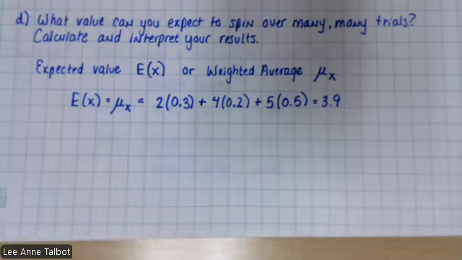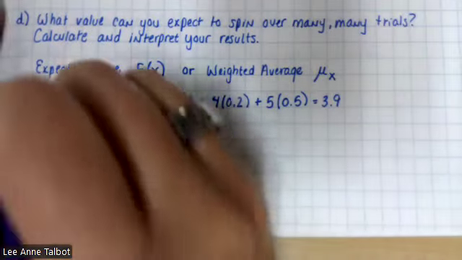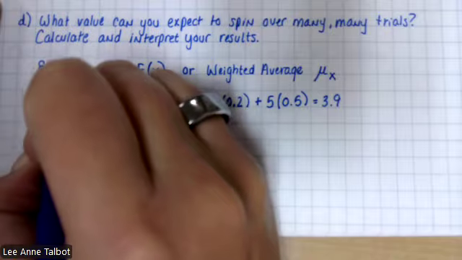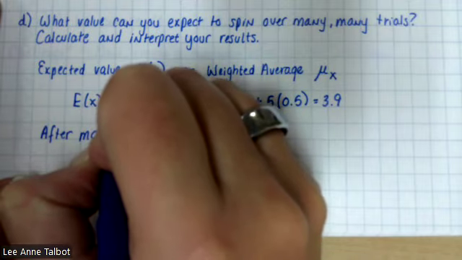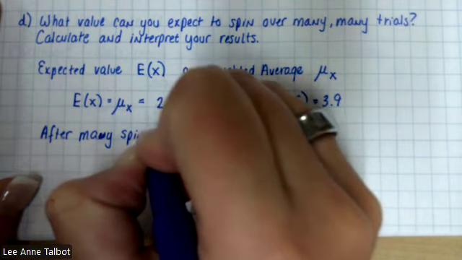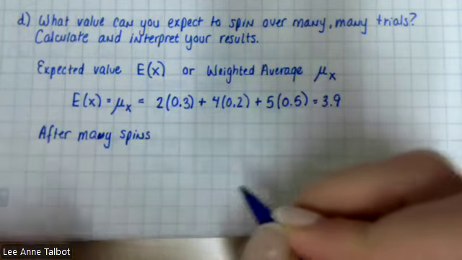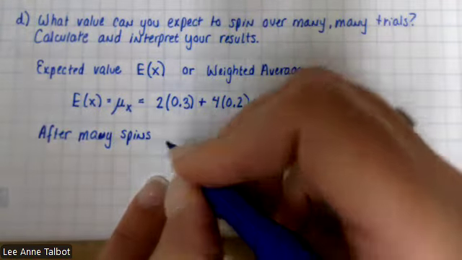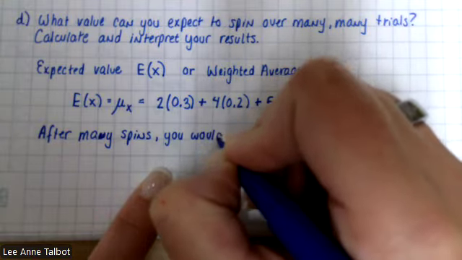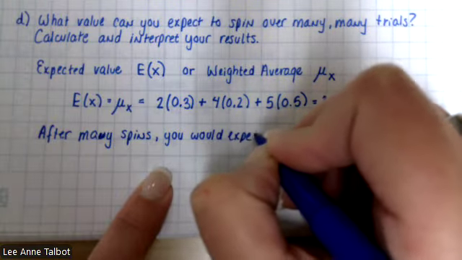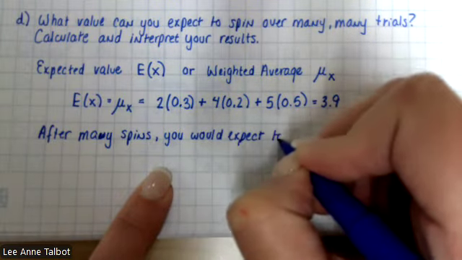But what does that mean? Think back to chapter 5. This is an average over many trials.